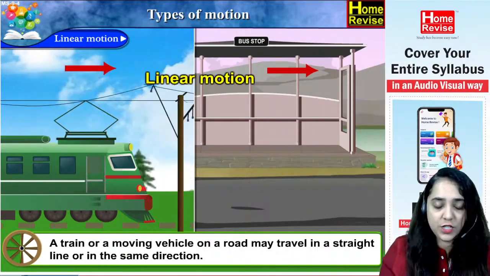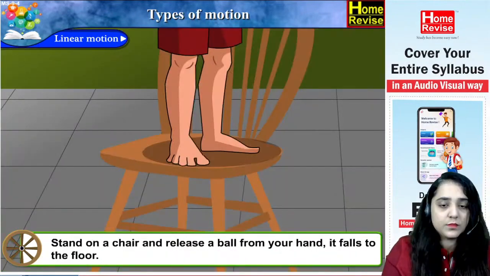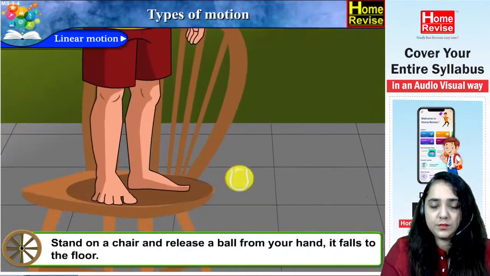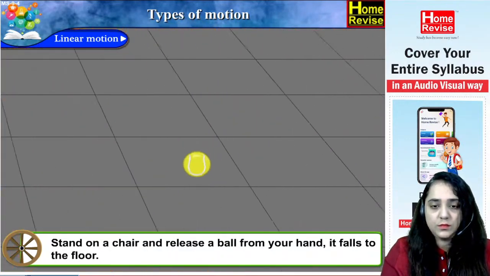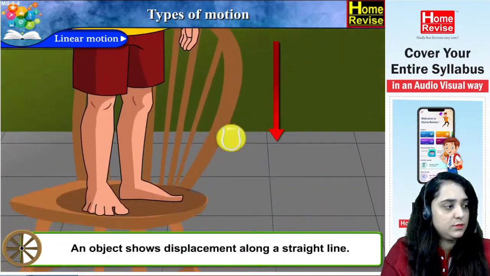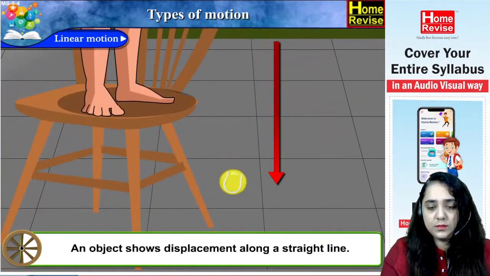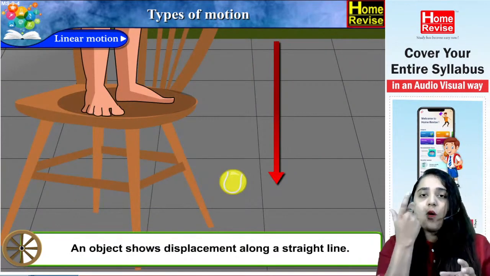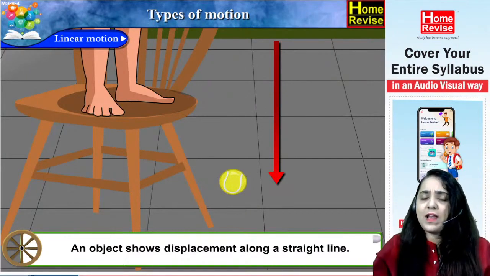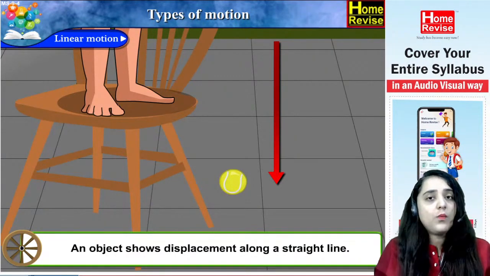Now pay attention. Similarly, if you stand on a chair and release a ball from your hand, it falls to the floor. What can you conclude from this? An object shows displacement along a straight line. If you're holding a ball and throwing it up in the air, or you're standing somewhere and throwing it down, how will the ball move?